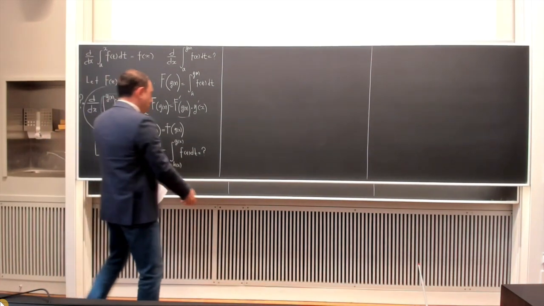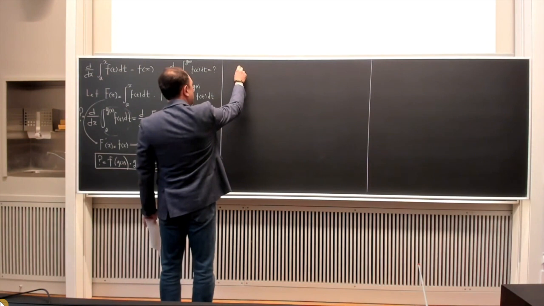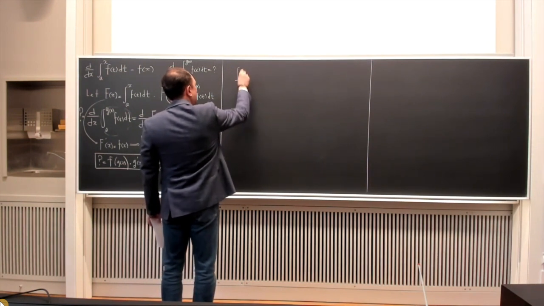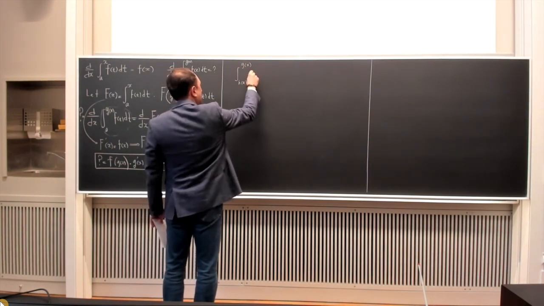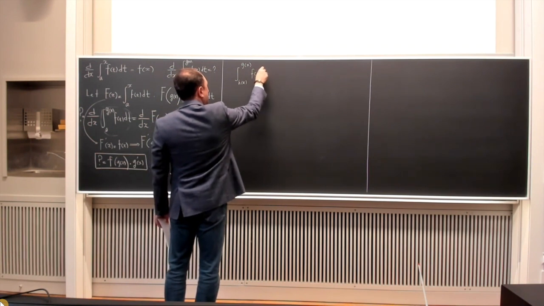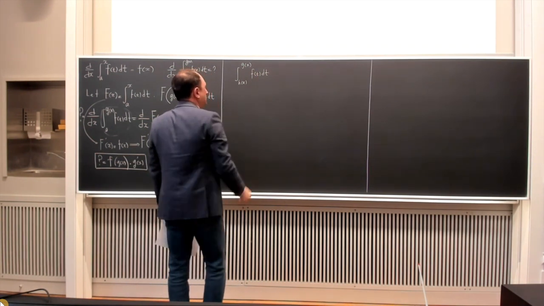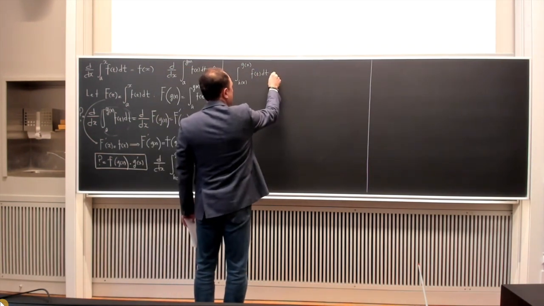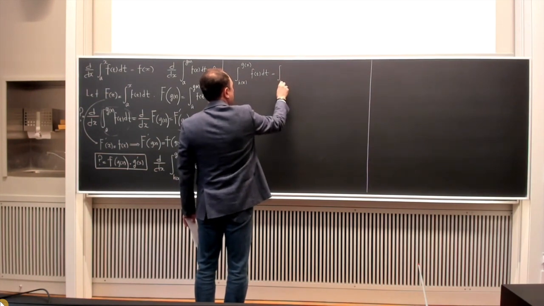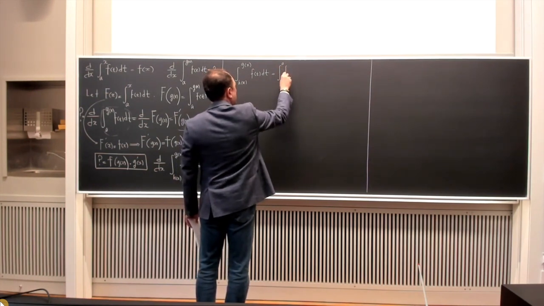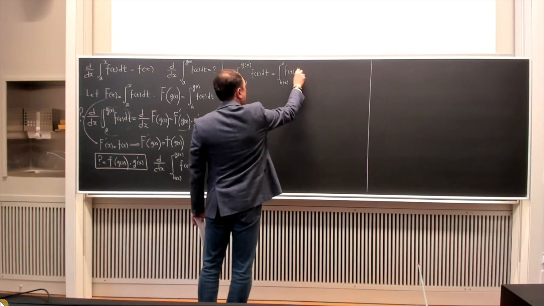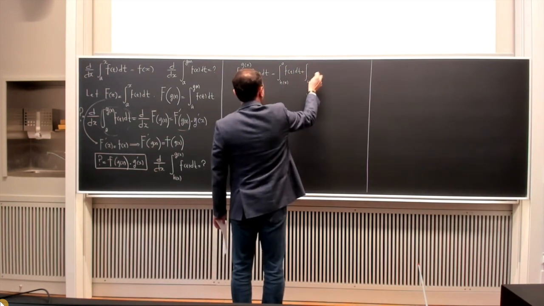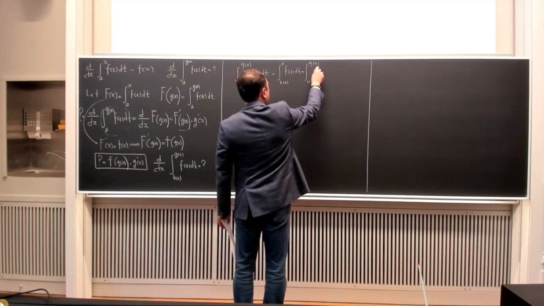Instead of this integral from h of x to g of x of f of t dt, I can choose any number. For example, let us consider it 0. So I can go from h of x to 0, f of t dt, plus the integral from 0 to g of x, f of t dt.